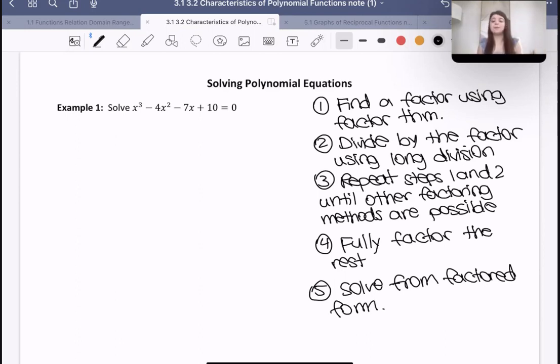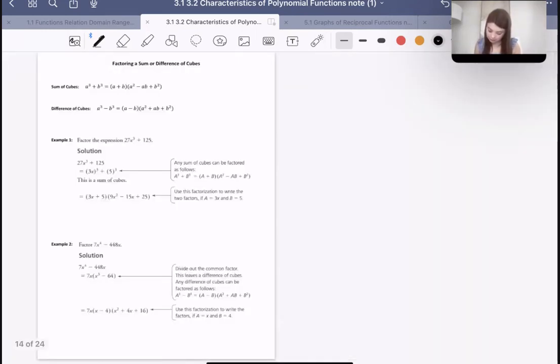So now I'm going to actually go over a full worked example with all five of these steps. So step one, let's highlight step one in purple, which is going to be finding a factor using factor theorem. So just a reminder, we talked about factor theorem next day. It is a new topic in this course. Basically, factor theorem states, let's go back and see what it states.